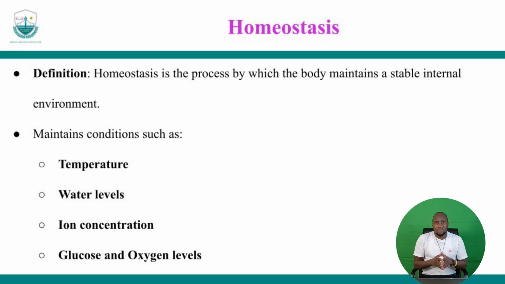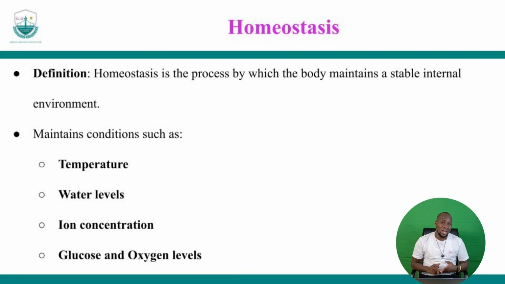But the body cells will always ensure that the internal environment is kept constant. And these factors that have to be kept constant are quite many. We have temperature, nutrients, for example glucose, and minerals, which should be maintained at the right levels.